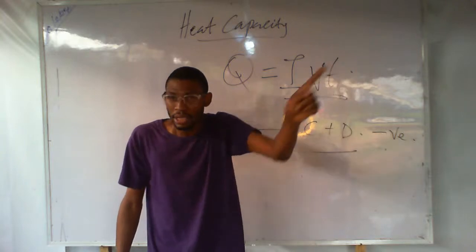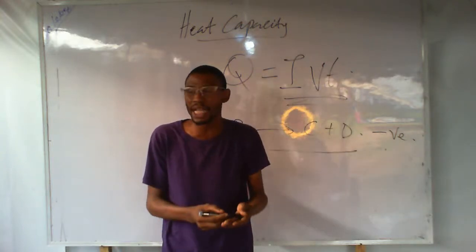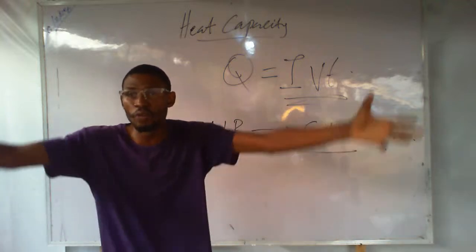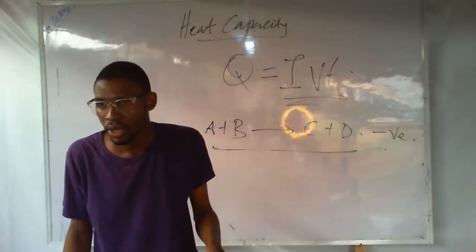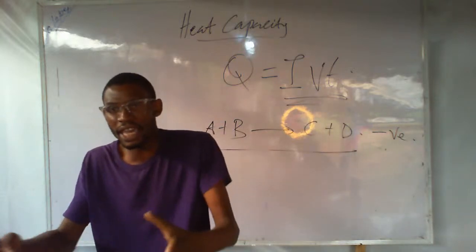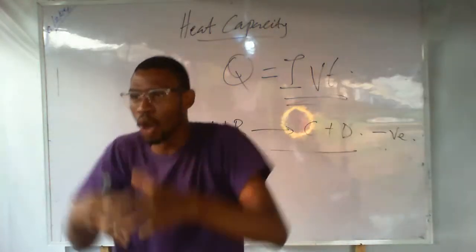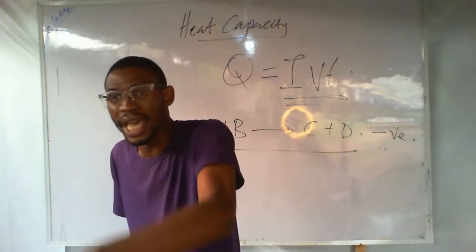The plus sign indicates that heat is absorbed, which means there must be absorption of heat energy for that reaction to occur. Now the total amount of energy that is either given out or absorbed is what we refer to as the heat content, which is the enthalpy.